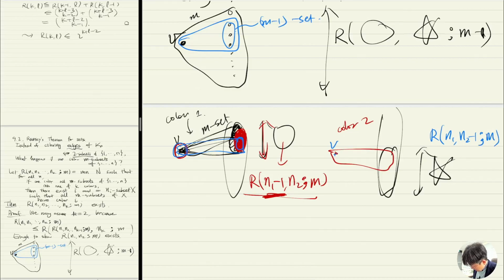If this set is as big as this number, then either I have a color 1 set of size n1 whose all m-subsets are color 1, or I have a set of size n2 minus 1 whose all m-subsets are color 2, but in that case I can add V to extend it.